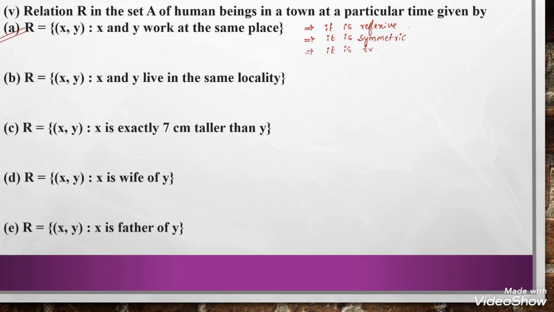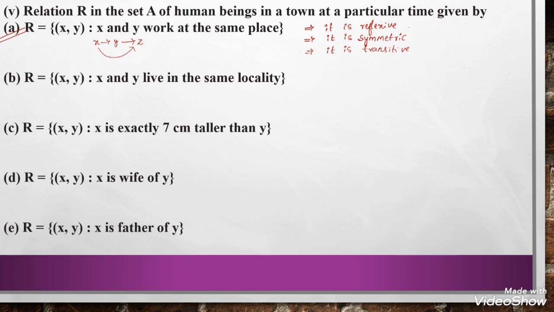Third one, it is transitive. Yes, obviously it is transitive, because if two persons, X and Y, are working at the same place, and another person Z, a friend of Y, is also working at the same place, then X is colleague to Z also.